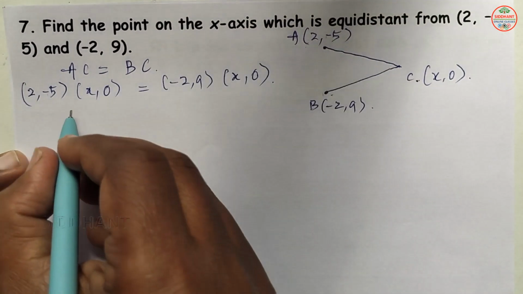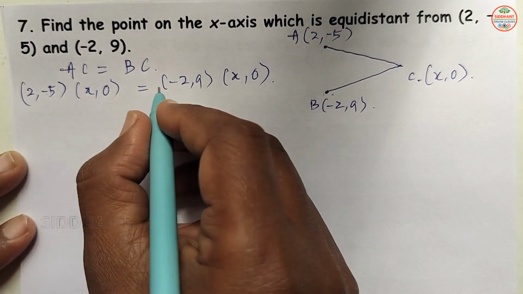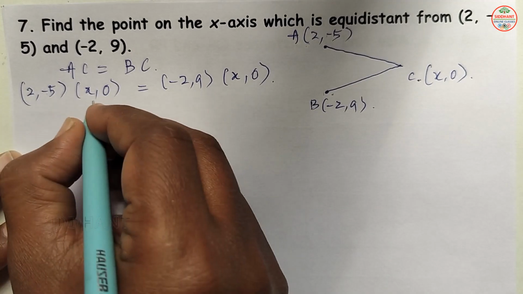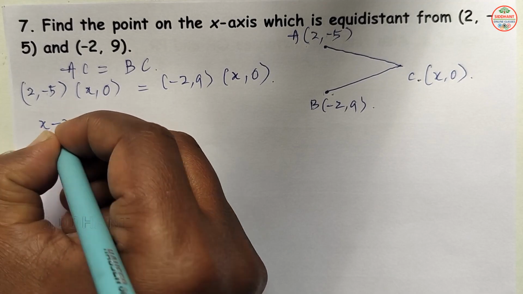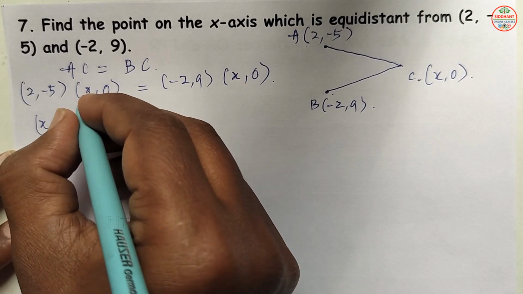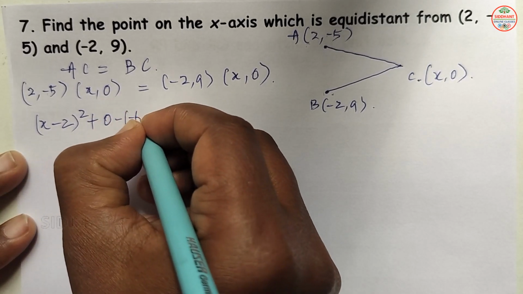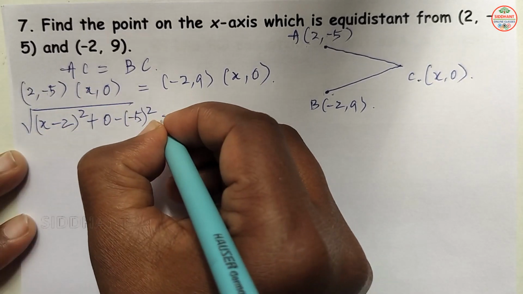Now we are going to find the distance of AC and BC. AC means the square root of (x minus 2) whole square plus (0 minus -5) whole square.